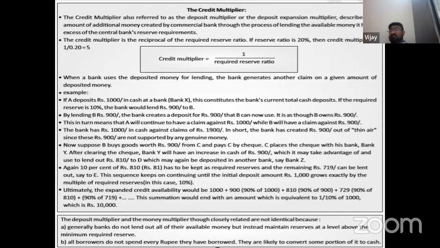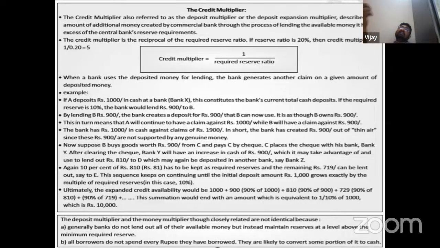Again, sir, this loan will not be given in the form of cash. This loan will be given in the form of a check to a party who needs that loan. The party will deposit this check into another bank.